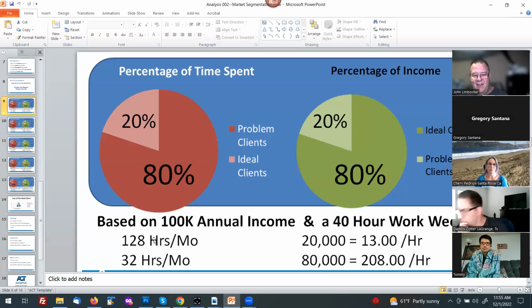So you're spending on those problem clients 128 hours per month making $13 an hour. That's what this looks like. You're spending 32 hours a month making $208 an hour.